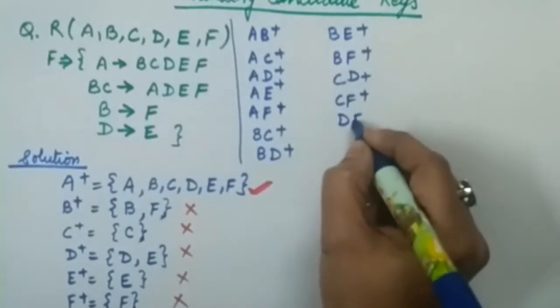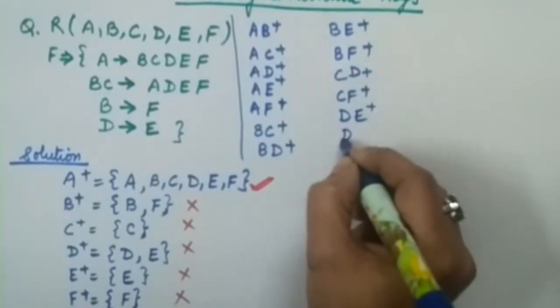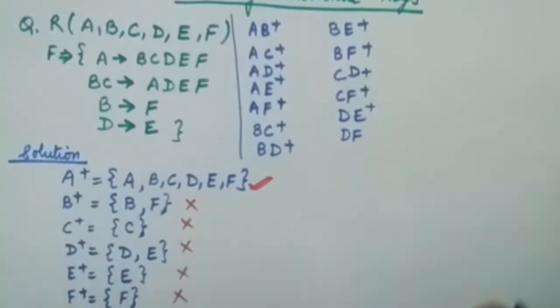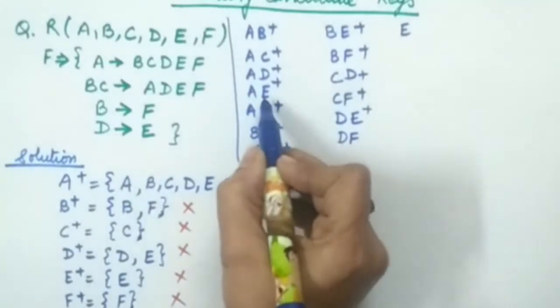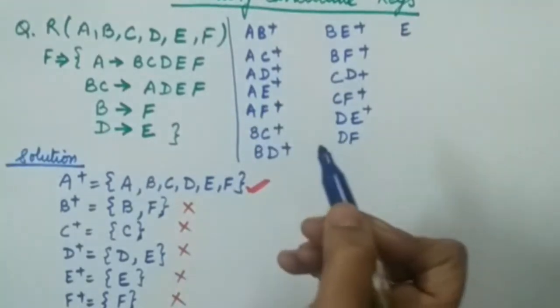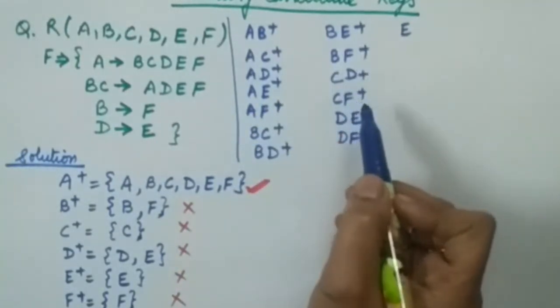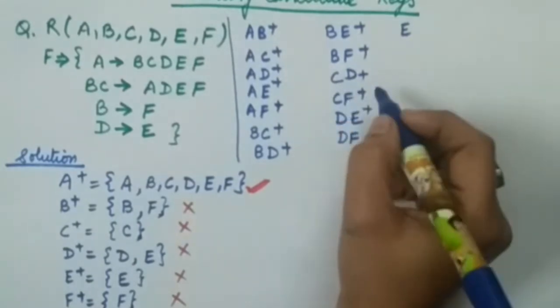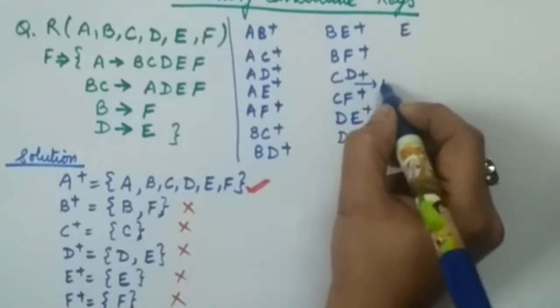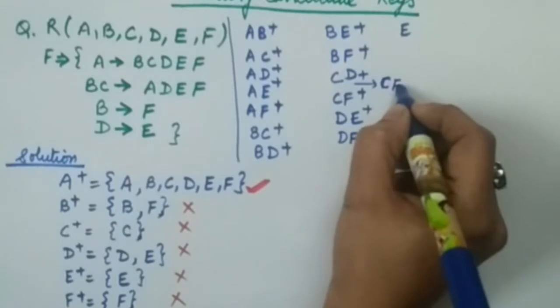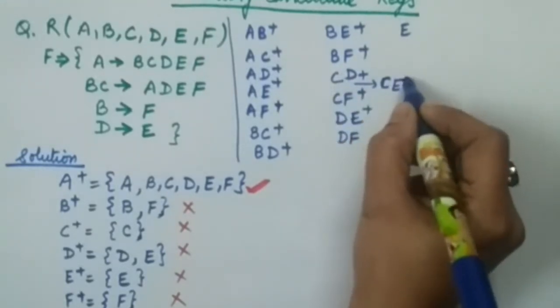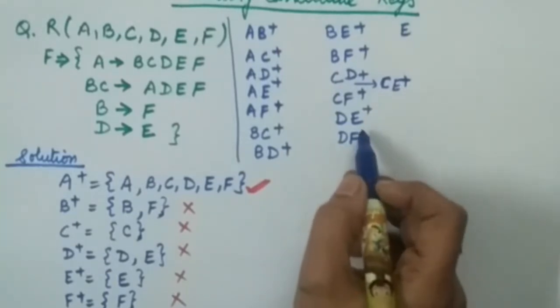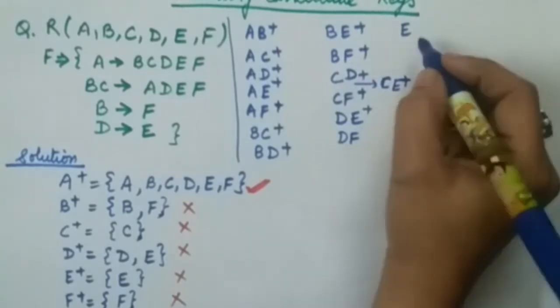D, E, and D, F. Next comes the attribute E. E, A done. E, B taken. E, C, sorry, I left here E, C. So E, C I will not take because I have already taken it. Next, E, F.